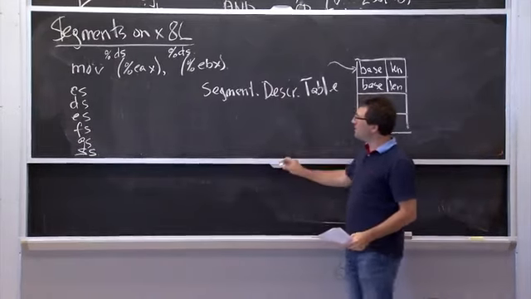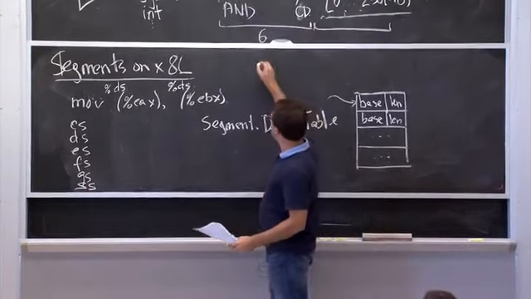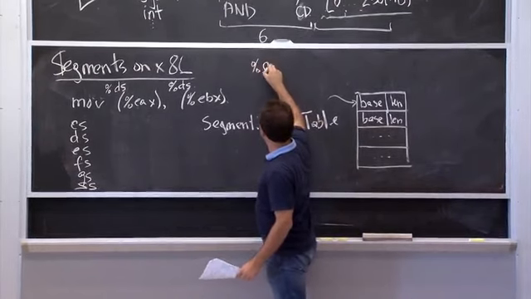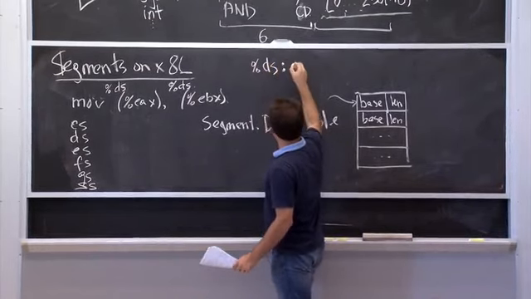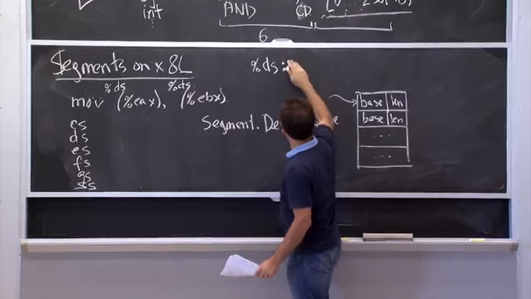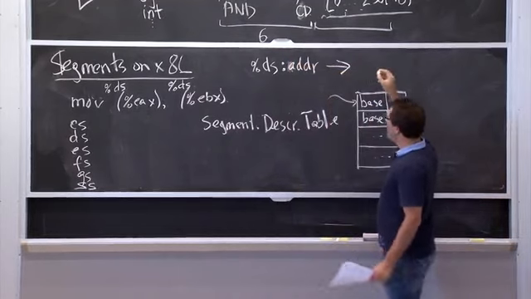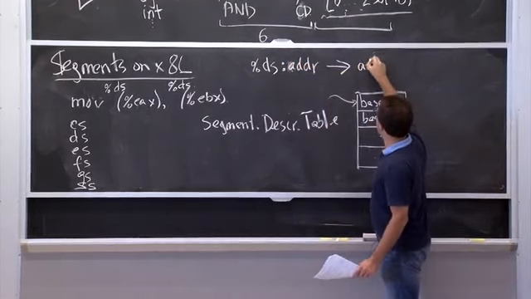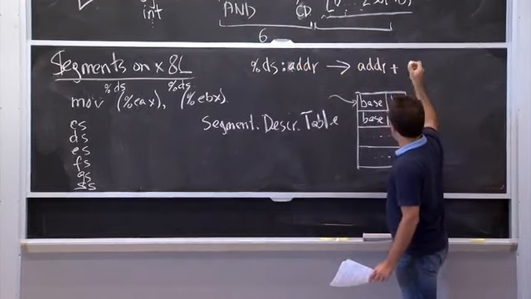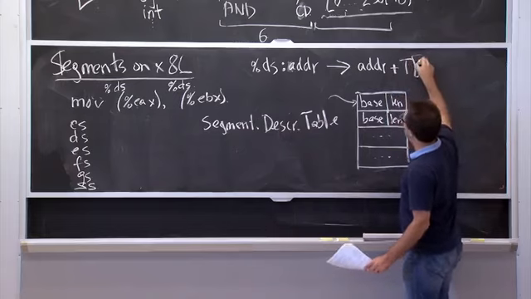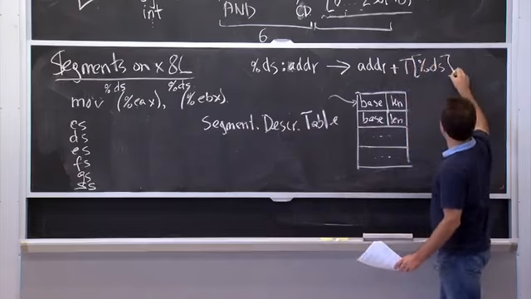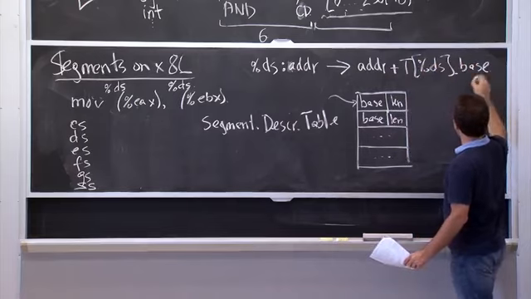Because what happens is if you access some address at some selector DS, colon some offset or some address here, what the hardware will actually do is translate it: it'll put this address and add the table's ds.base to it.